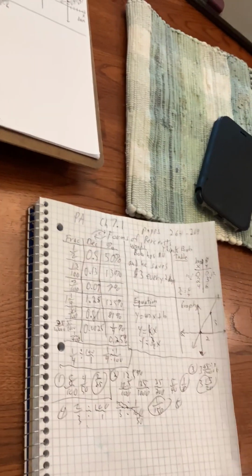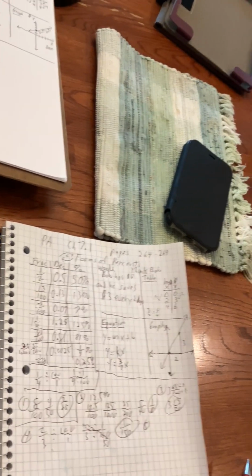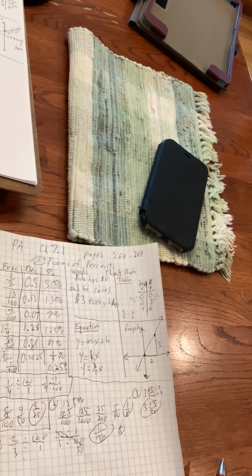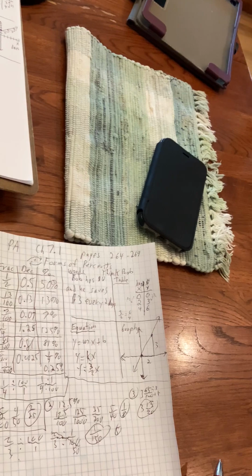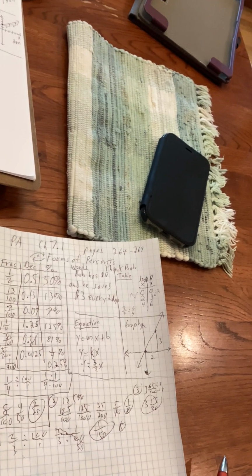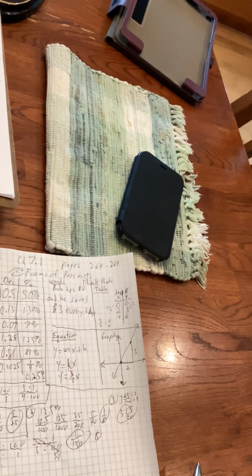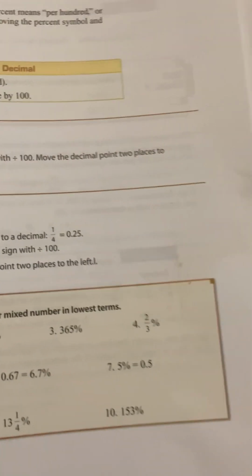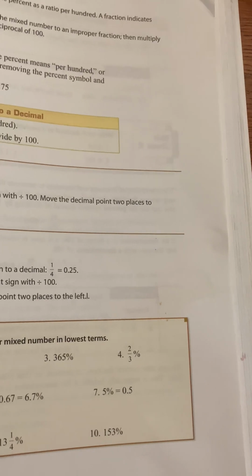Number 5. That's true. 41% is 0.41. Number 6 is false because you only moved it one place. And number 7 is false because you only moved it one place. All right. Number 8, write each as a decimal. So write 60%. Well, you just move it over 2.